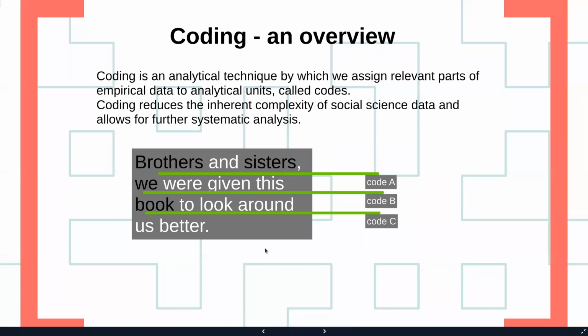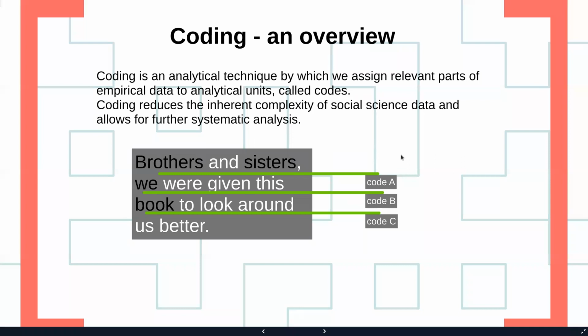You can see that we can code brothers and sisters by one code, "we" by another code, and book is code C, where book can be an object, and we is a subject. So we coded subject, object, and some actors.